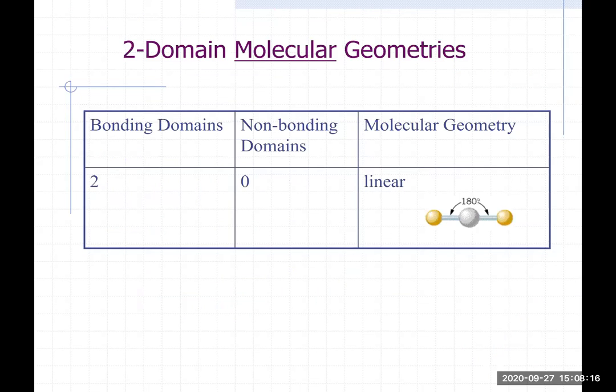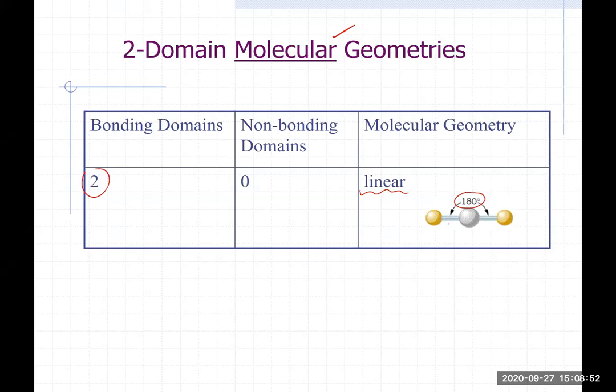So now we're going to look at molecular geometry; before, we looked at electron geometry. Notice that if we have 2 bonding domains, no non-bonding domains, we have 180 degrees in our molecular geometry, and the structure is linear. This is no different than we had with electron geometry. Exactly the same situation here.